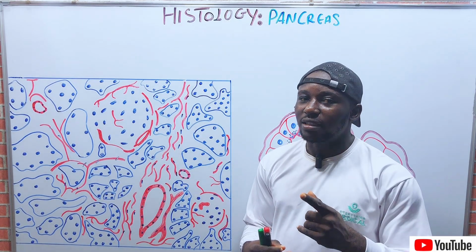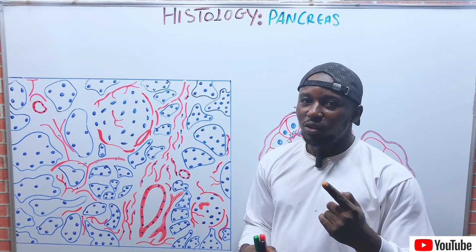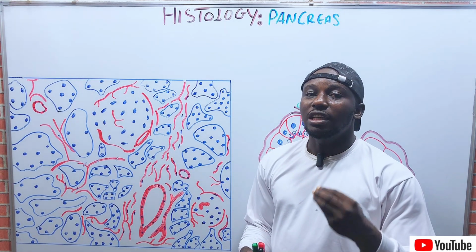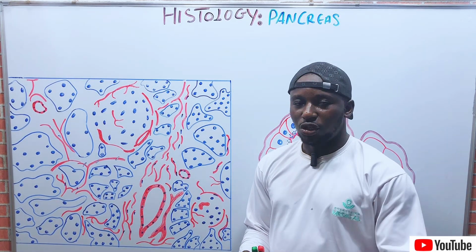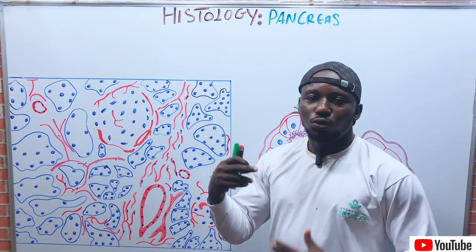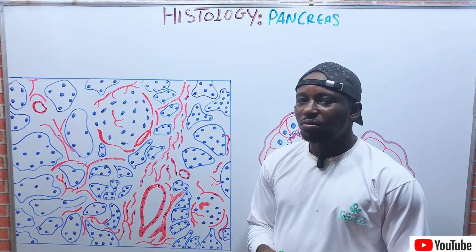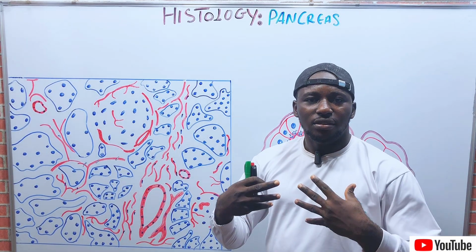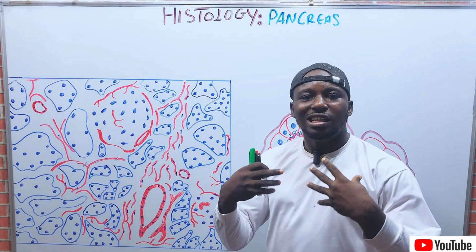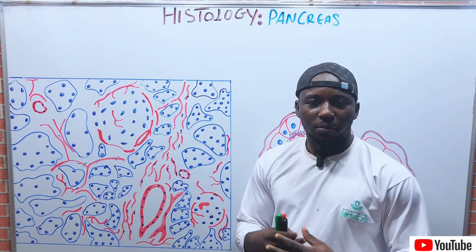But you have to understand that the pancreatic acini do not play any role in the endocrine portion of the pancreas. As we delve into this class, we shall unveil other histological features of the pancreas.